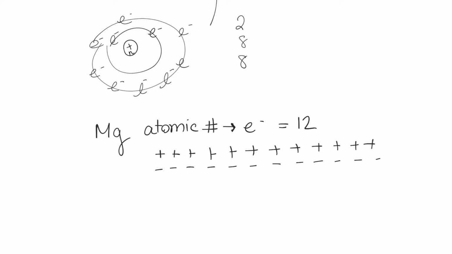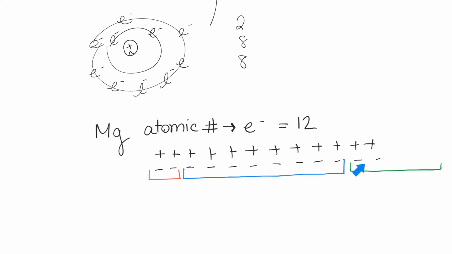Now, remember we just talked about the order of our electrons. Our first level holds 2 electrons. Our next level holds 8: 1, 2, 3, 4, 5, 6, 7, 8. And then the level after that will also hold 8 electrons. But oh look, magnesium only has 2 to fill up this whole big orbital.